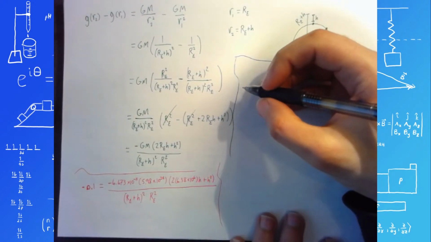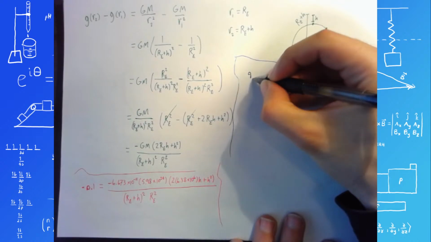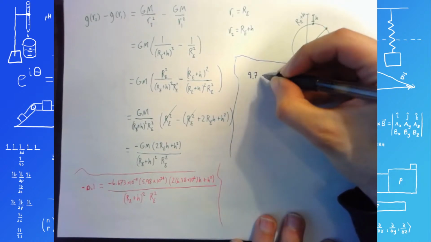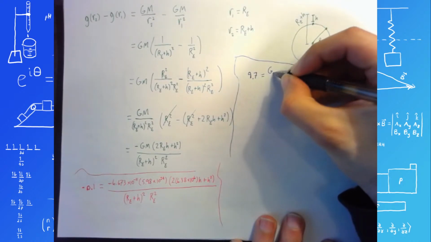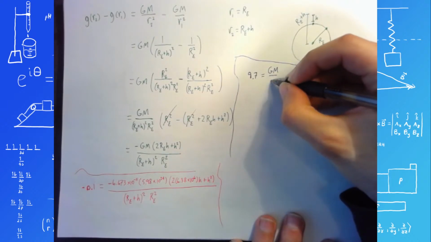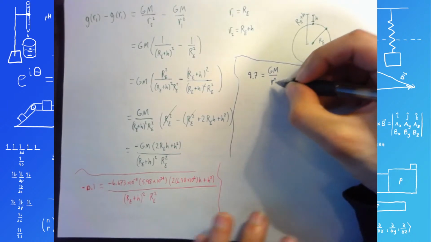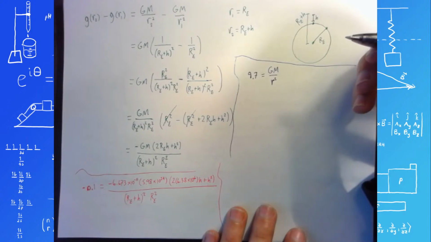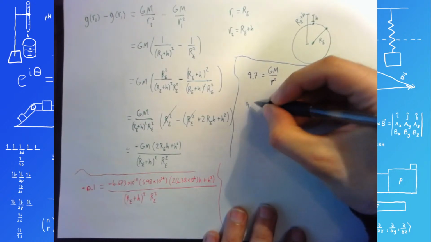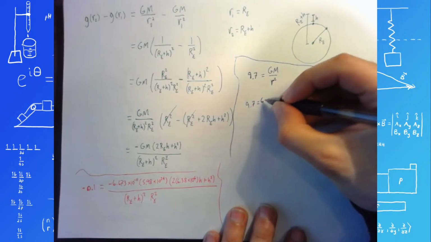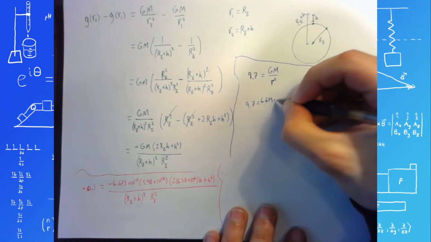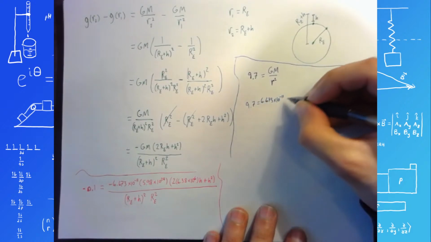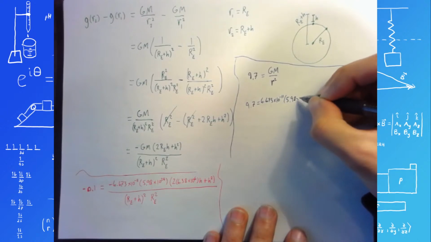Okay, let's do it the easier way then. Let's look at 9.7 and set that equal to GM over r squared and figure out what that r is going to be. So that's going to be 9.7 equals 6.673 times 10 to the negative 11 times mass of Earth is 5.98 times 10 to the 24.